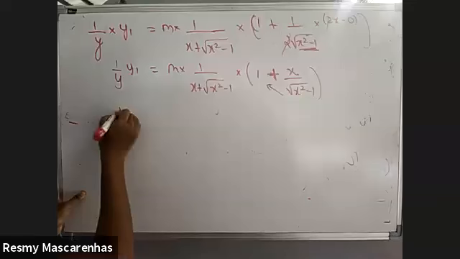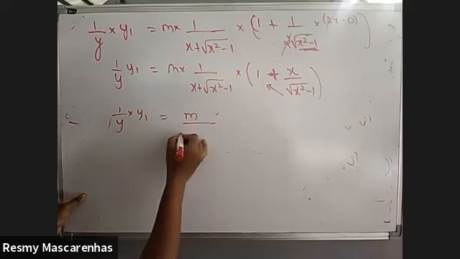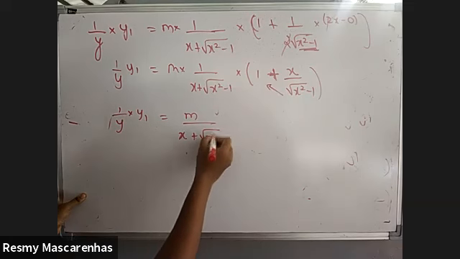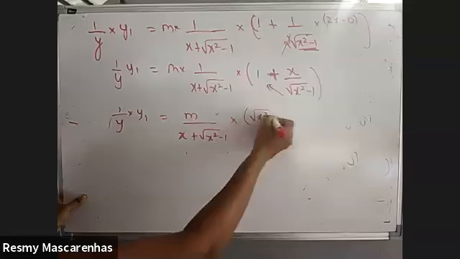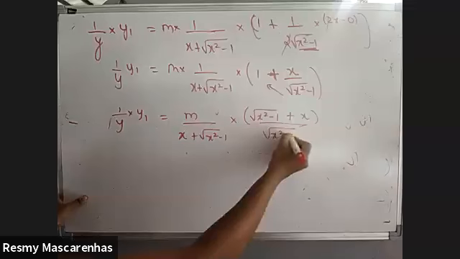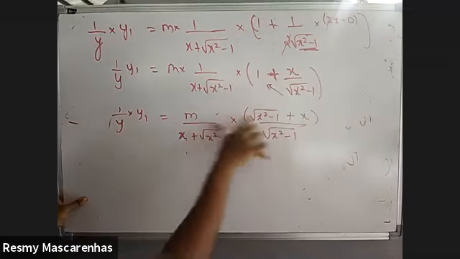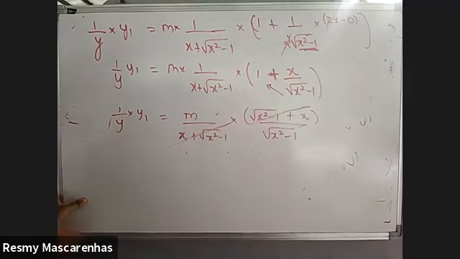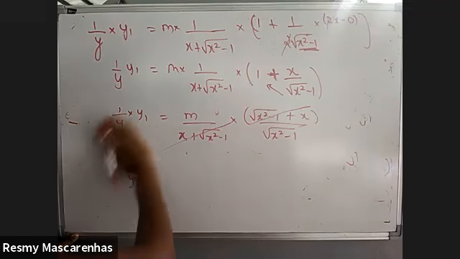So when you cross multiply, you'll get like this. And if you notice, these two terms are the same, x plus this, so this whole thing will cancel. So what will be left is, can write like this also.